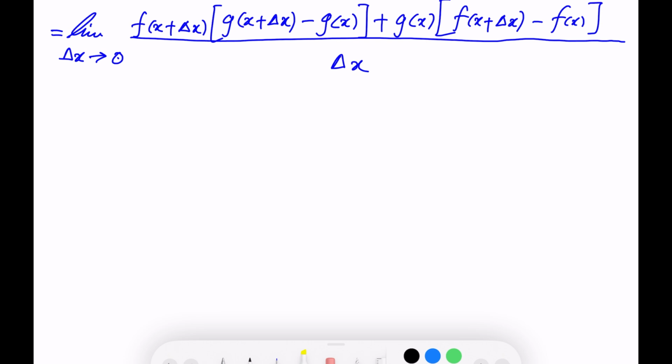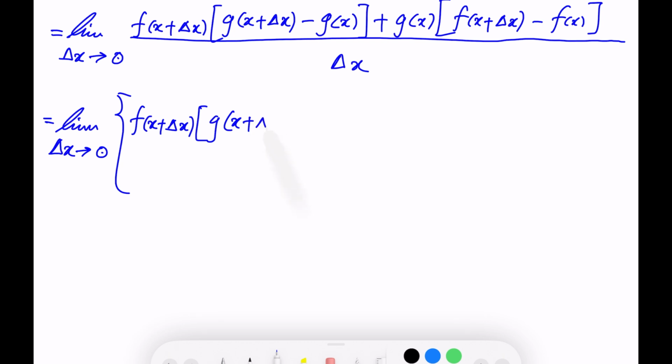Now I'm going to split this fraction into two fractions. One fraction will be this part over delta x, and the other fraction is this part over delta x. When I write that down, this limit problem now becomes equal to the limit as delta x approaches 0. Let me open big brackets. The first fraction I'm going to write down is f of x plus delta x outside, and inside brackets we have g of x plus delta x minus g of x.